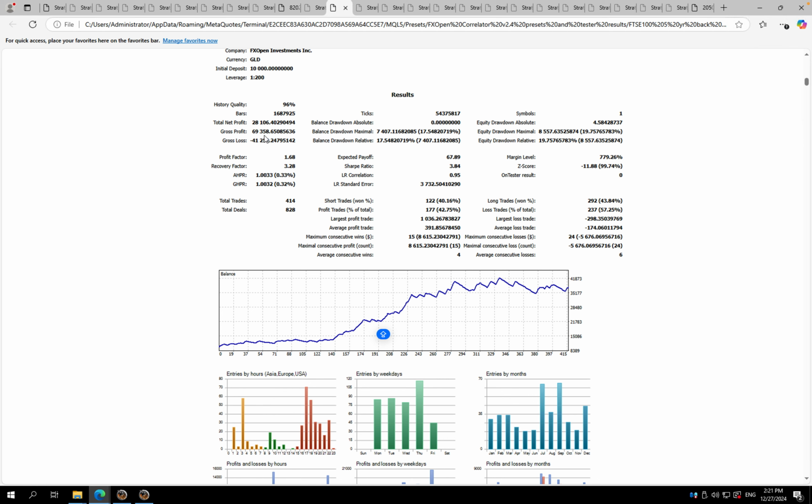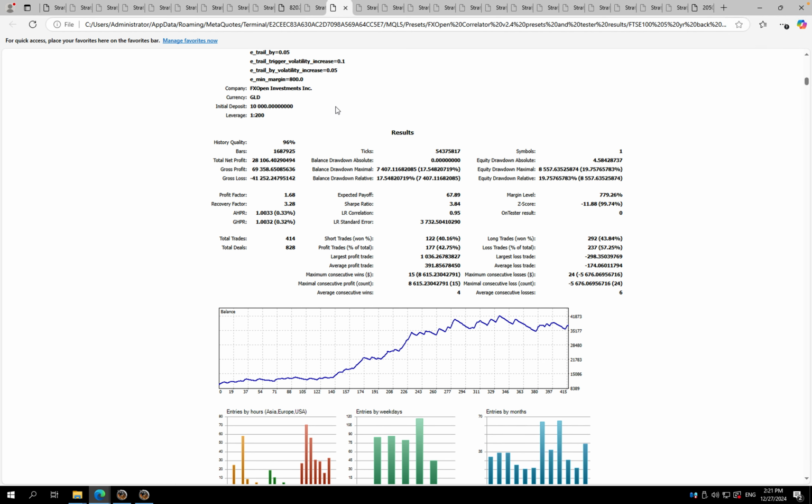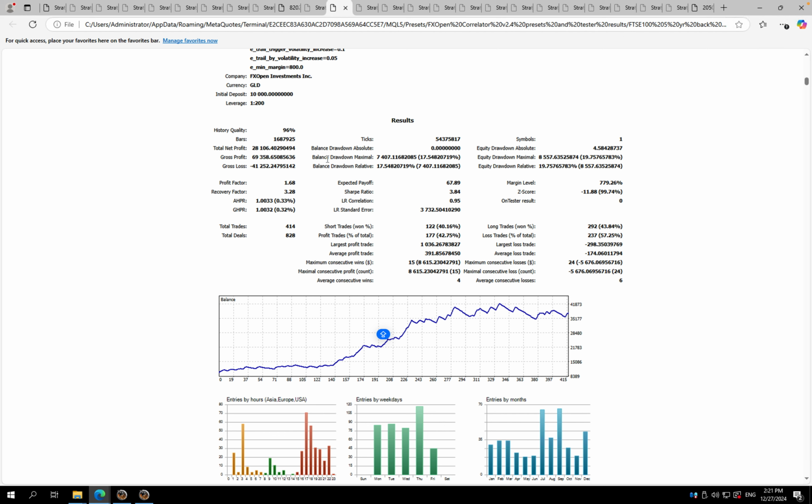We can see that the net profit on this pair in particular is 28,140 cents. So that should be multiplied by about 2.6 to calculate the dollar value.